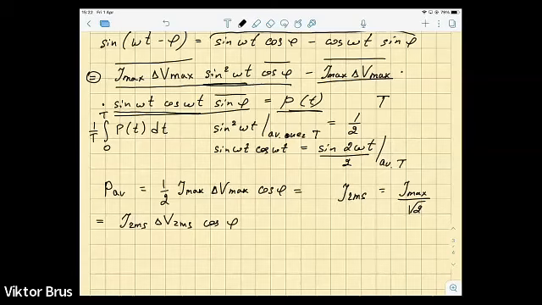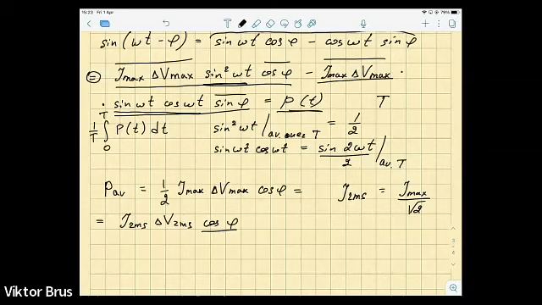So this cosine phi is the so-called power factor, which shows how much the average power dissipated in an AC circuit is different from the average power dissipated in a DC circuit.